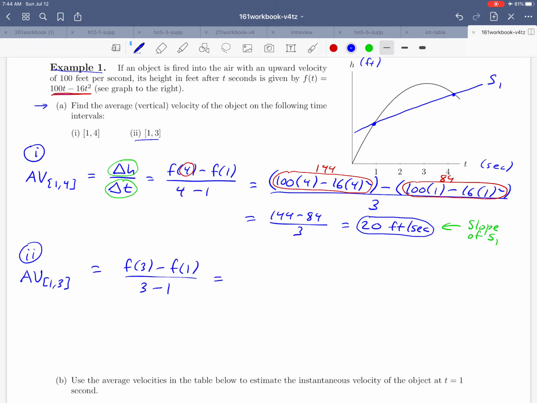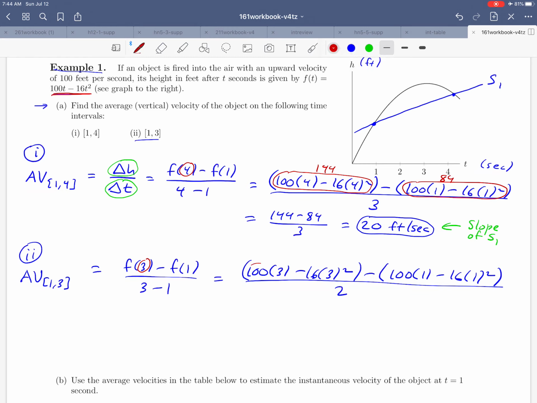And the calculations look very much the same. So we're going to take 3, that's our value of t. To calculate f of 3, we'll plug in 3 for all of our t's, minus f of 1. We actually already did that calculation above. I'll just go ahead and write it out again though. And then 3 minus 1 is 2.